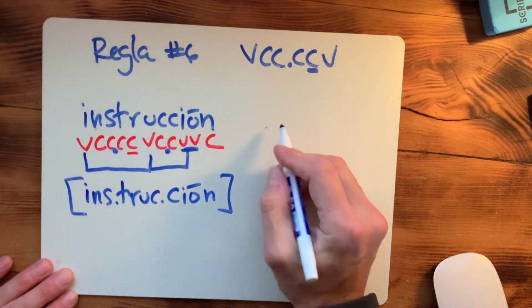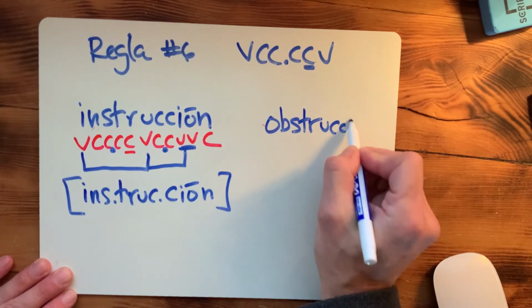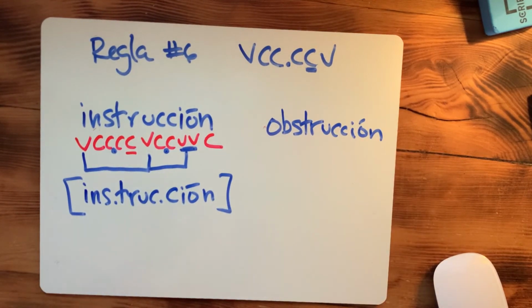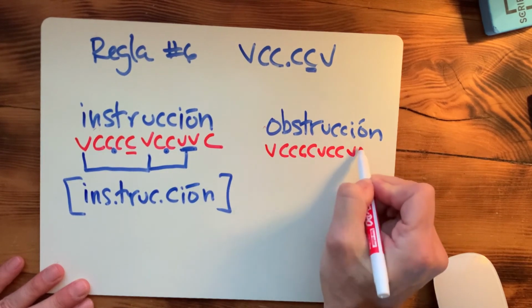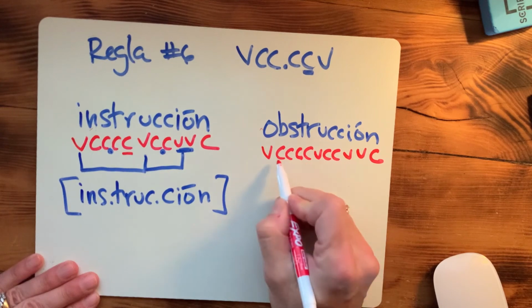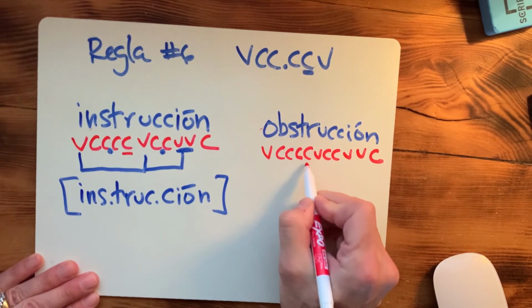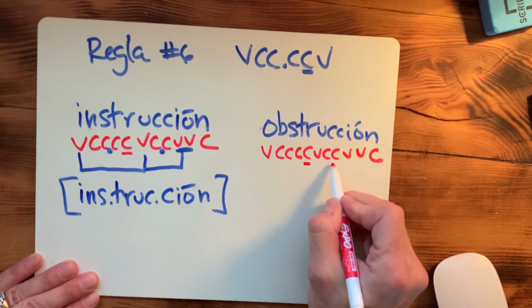And the other word that I have is similar to instrucción. It's obstrucción. Label your vowels and consonants. Find any clusters. Well, it's always a dead giveaway when you have 4 consonants in a row that this will be a cluster right here. CC does not make a cluster.